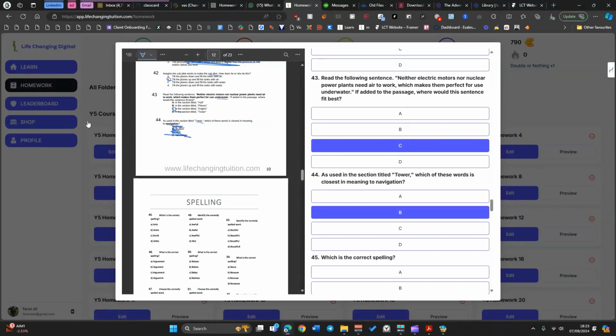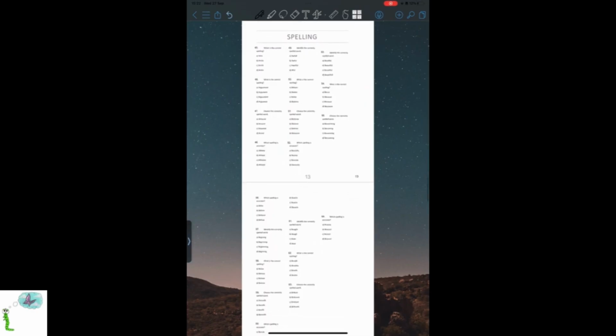Alright. Spelling. If you get it wrong on the answer sheet, it just means you spelled it wrong. So just remember that, make sure you note down any of these that you're getting wrong. Try and use them more in your sentences when you write, because the spelling you're getting wrong is writing, not speaking.